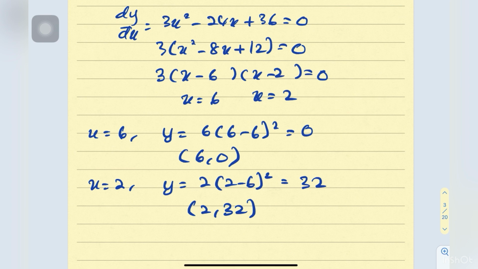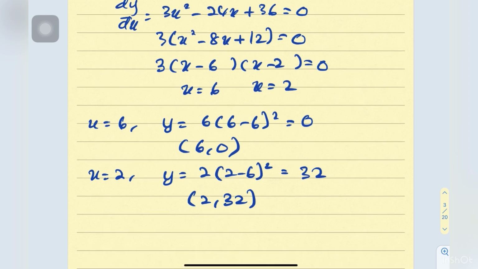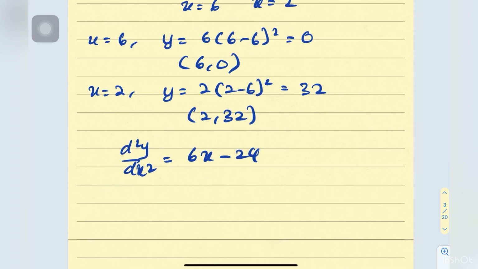Then to identify whether each coordinate is a maximum or minimum, you have to differentiate another time. From dy/dx right here, d squared y/dx squared is 6x minus 24.